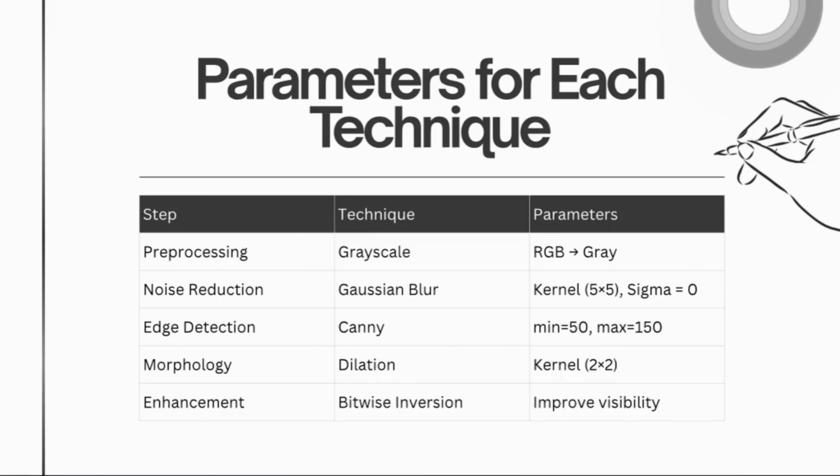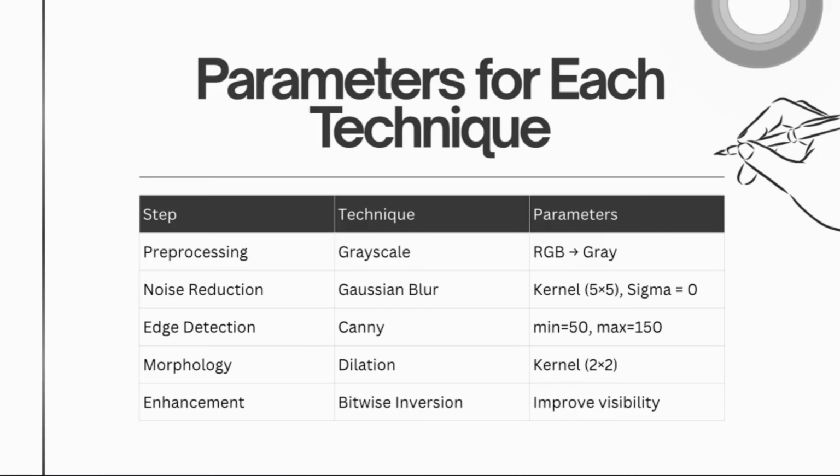So parameters for each technique: first thing first, preprocessing is basically grayscale, turning RGB to gray so that it can be easier for us. And then we reduce noise using Gaussian blur. We set the kernel to 5x5, and sigma is 0.